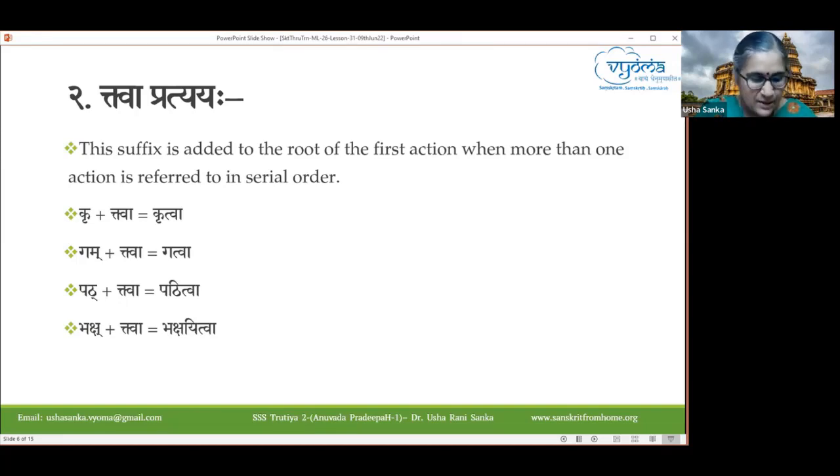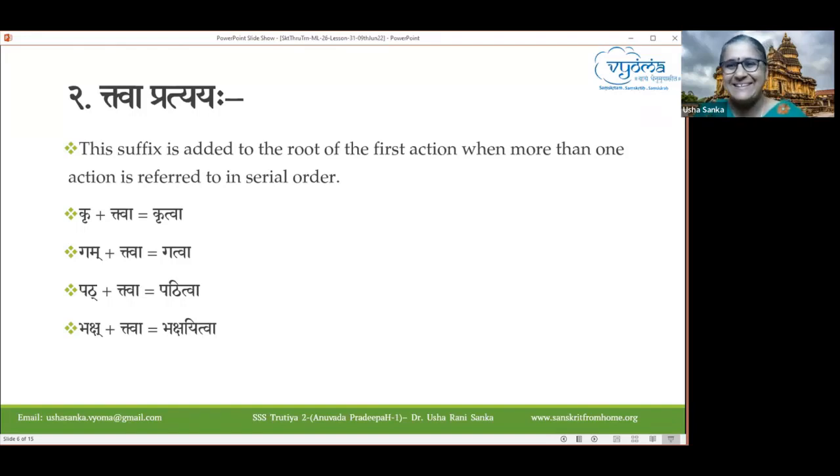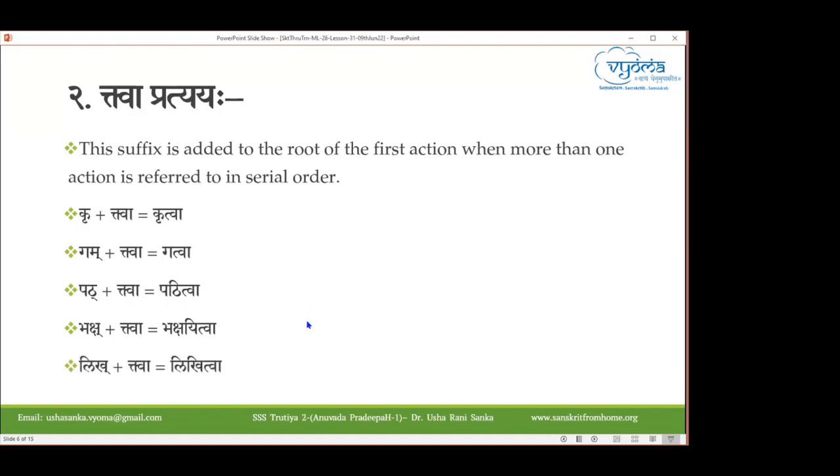This Anuvada Pradeepa translation I am seeing now, he also uses the same thing, having. Bhagini, if you want, you can tell the meaning of this Bhakshayitva. Bhakshayitva, having eaten. Namaste, ma'am. Namaste. Having eaten or after eating. After eating, correct. Good.